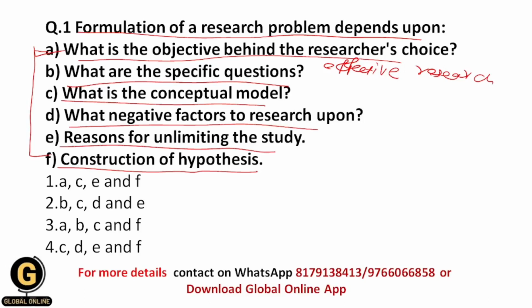Second, it depends upon what the specific questions are. Through specific questions one can get an idea of whether the research has provided all possible answers, so we will get to know whether our research provided us all possible answers. Then it also depends upon the conceptual model.